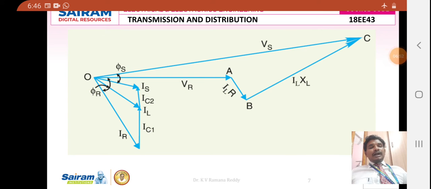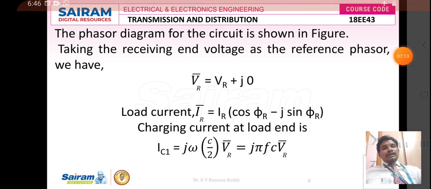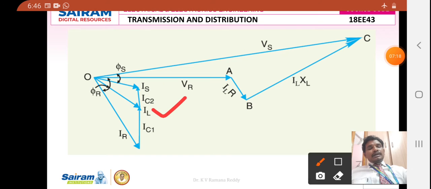And if you take all the currents into account, with respect to IR, IC1 is at right angles to it. Therefore IR plus IC1 is equal to the vector sum IL. Again with respect to IL, there is an IC2 current, that is the current flowing through the capacitance taken as reference at the sending end side.